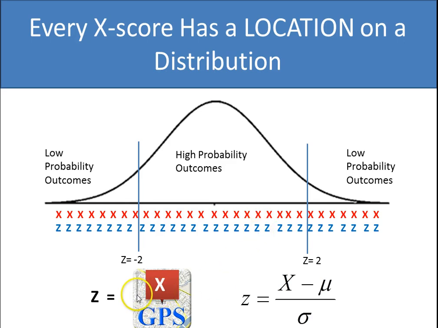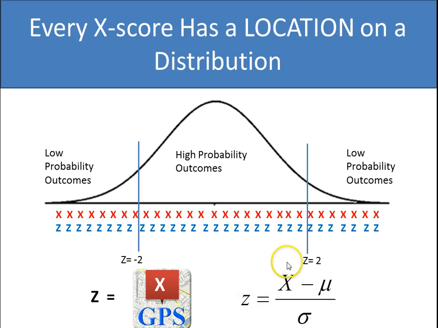And the idea was that a z-score works like a GPS to locate any one x-score, so that when you had an x-score and you wanted to know its precise location, you calculated its z-score.